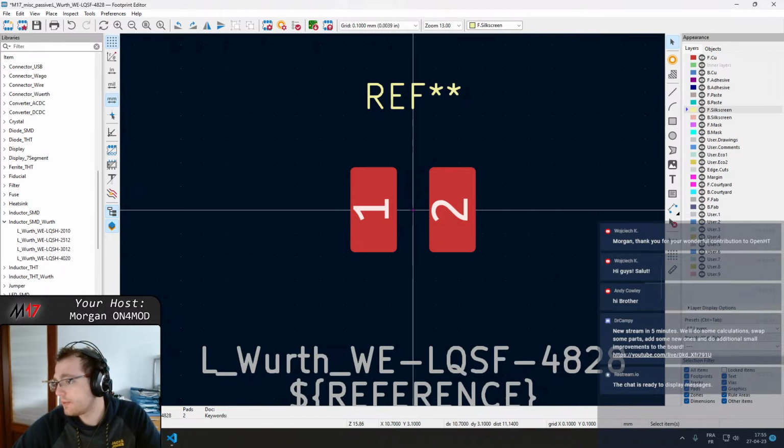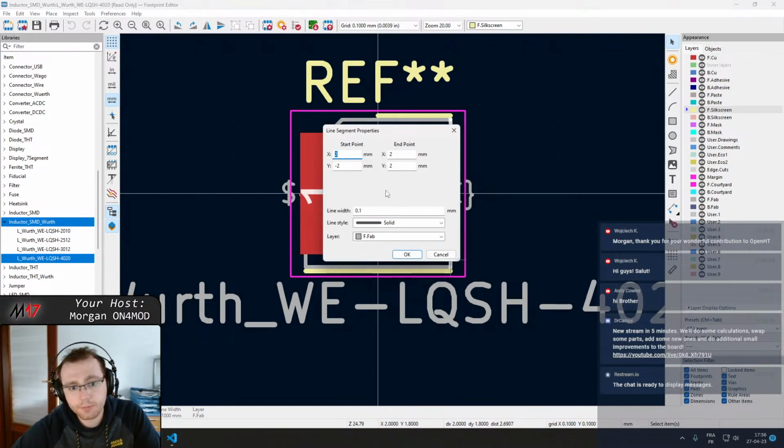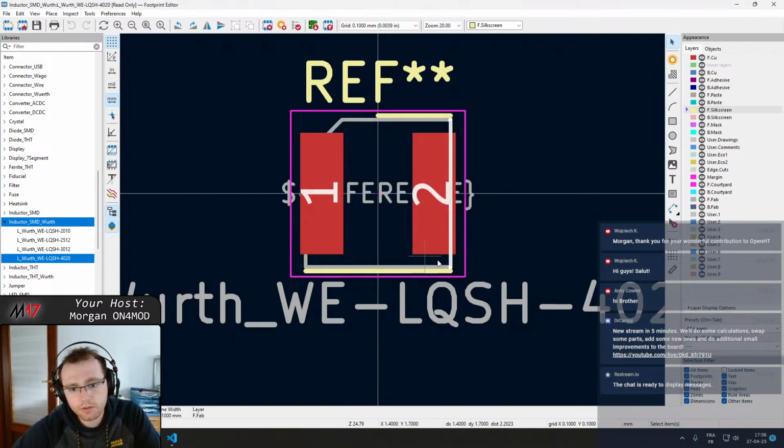Case size is 4.8 by 4.8. So let's see how they did it in this one. Okay, so this is drawn on FFab layer. I guess it's the size of the device.